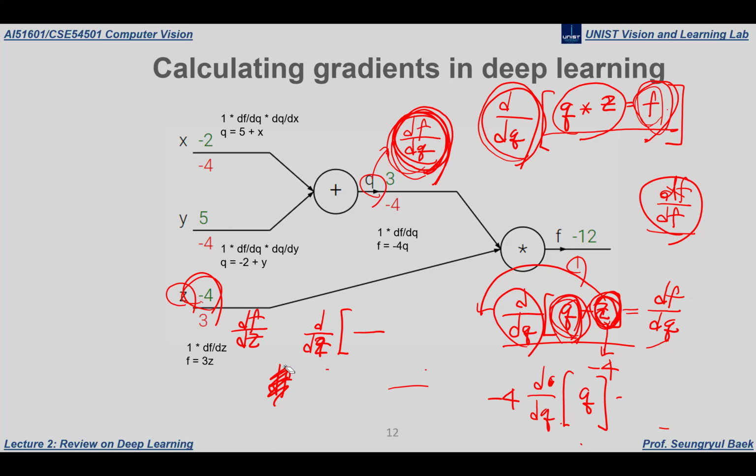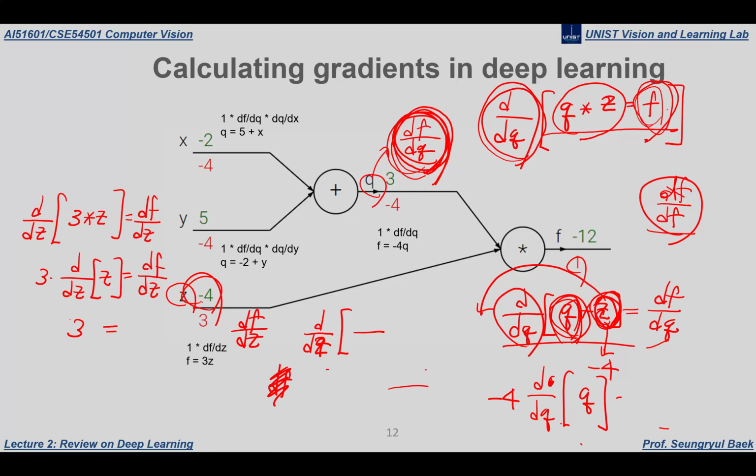It simply goes to 3. So that's why we can calculate df/dz as 3. Are you guys following this?